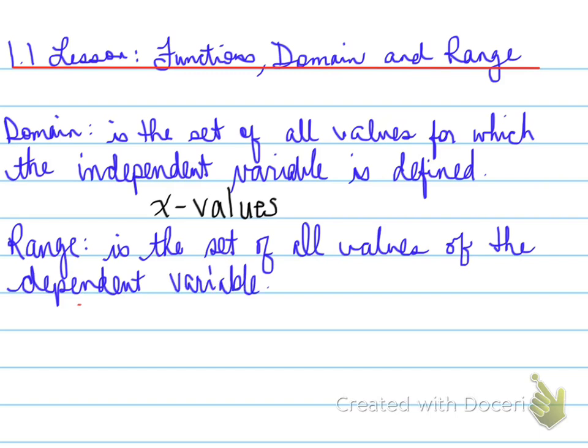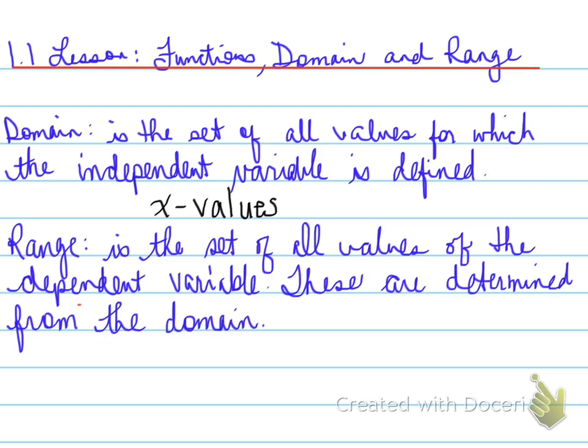That means these are determined from the domain. That is, the y values depend on the x values. That is why they're called the dependent variable. So the y values represent the range, and the x values represent the domain.